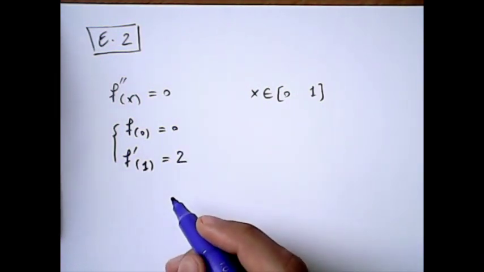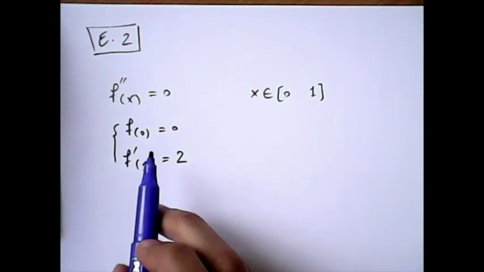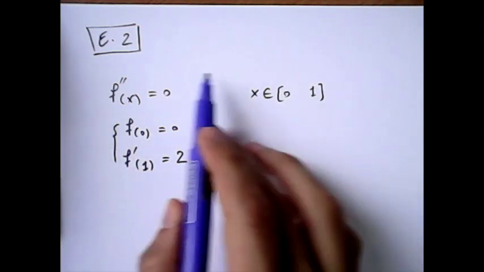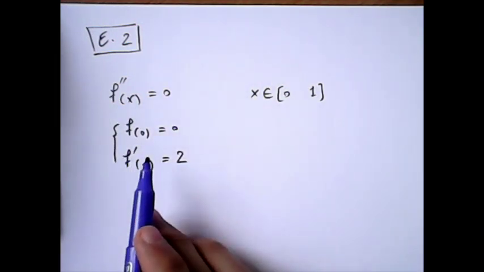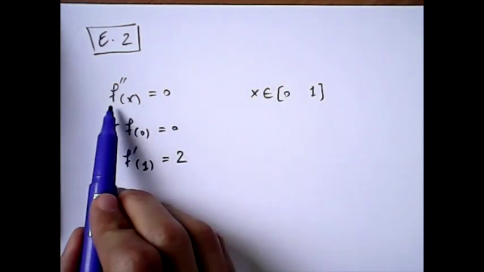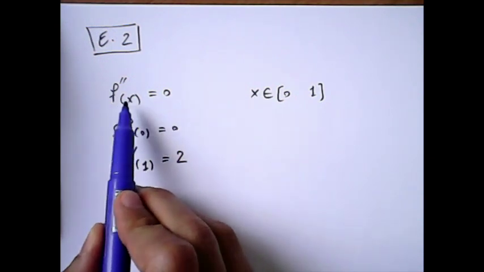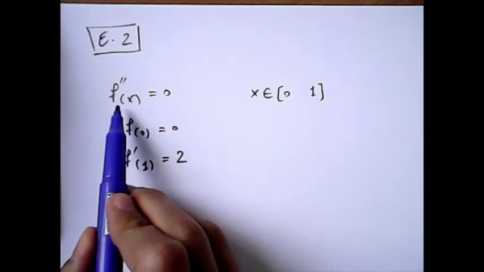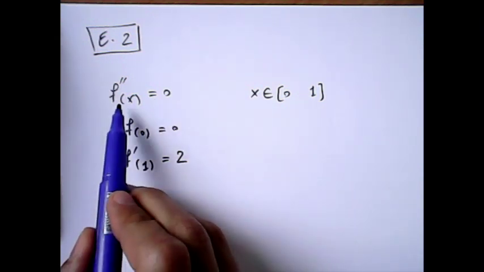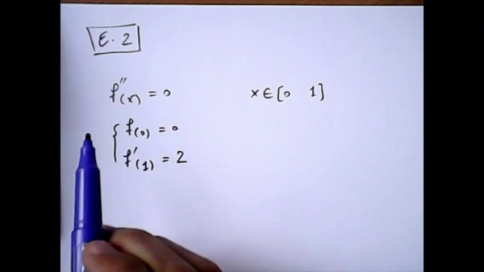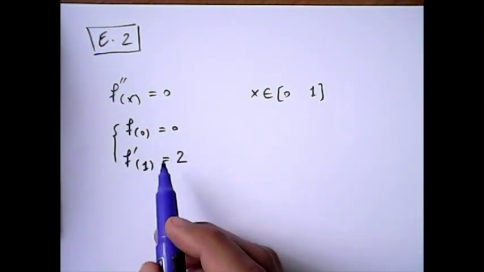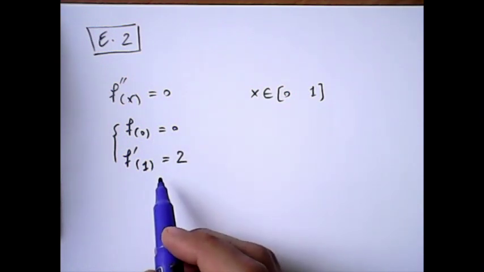What I would like you to do is to solve this differential equation problem just like how we did it before. You write out the differential equation, take indefinite integral from both sides until you end up with f of x. Then you have the family of solutions. Afterwards, you can use these two equations, the boundary conditions, to find the solution.